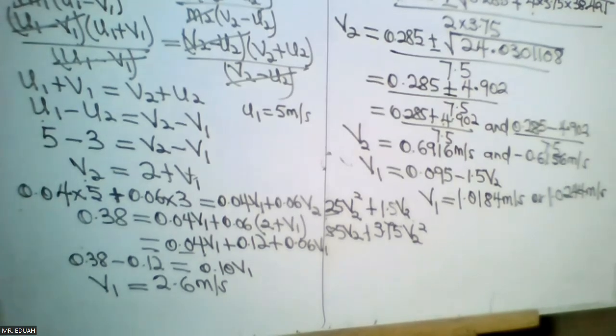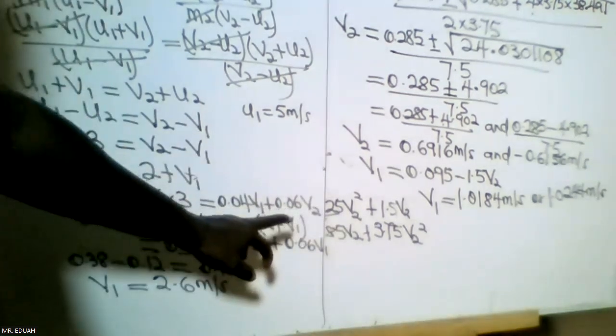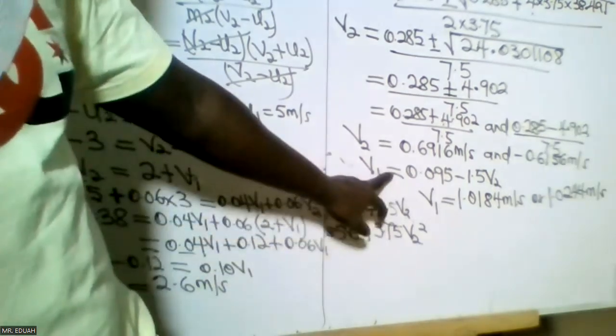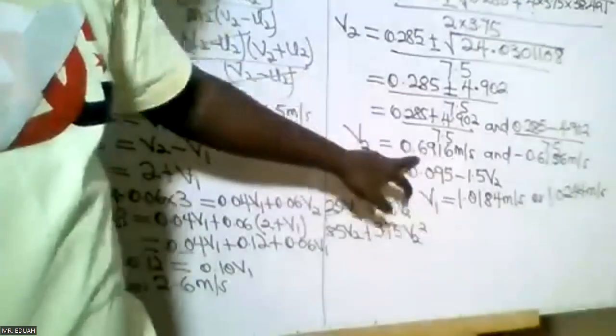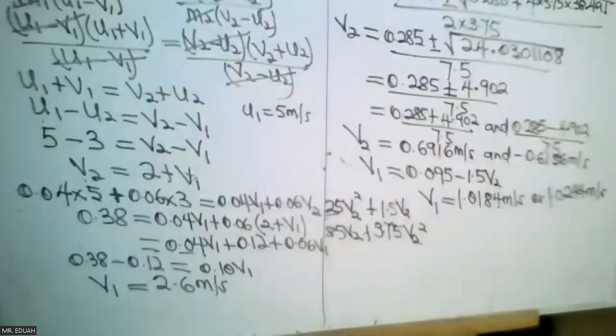Even the first one was wrong. Adjoa, what is the V1 value we got when you use this? It's negative 0.9424, meaning something went wrong. You do it again yourself.